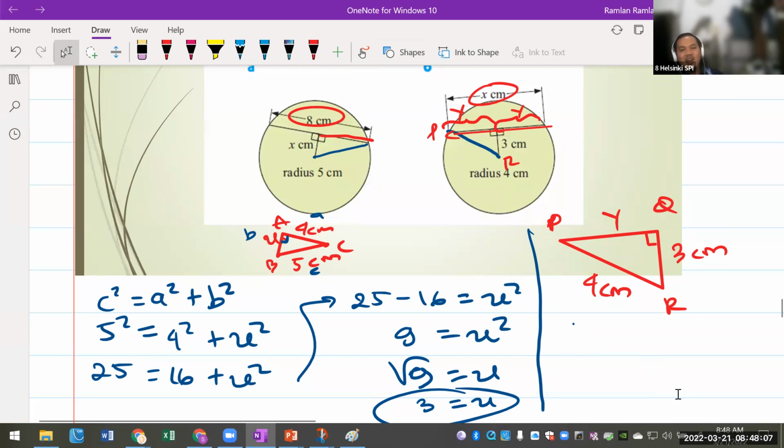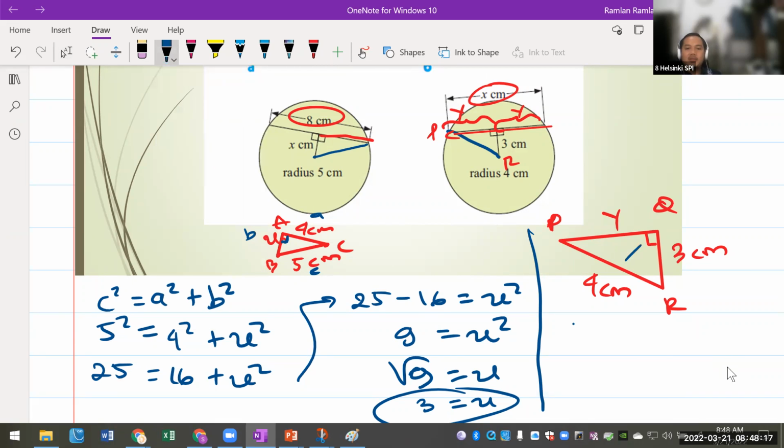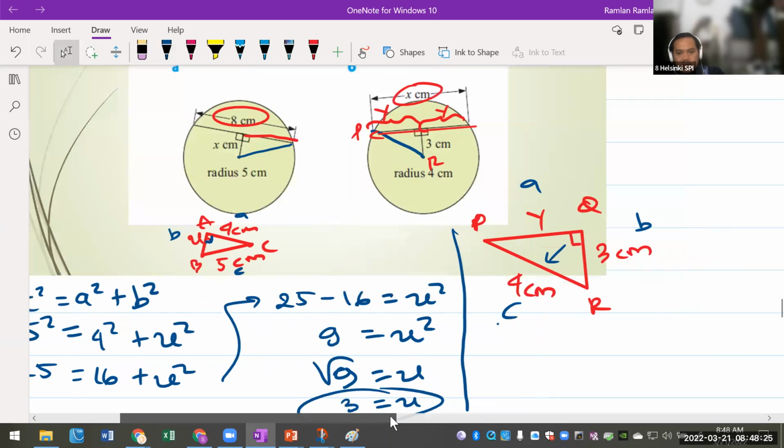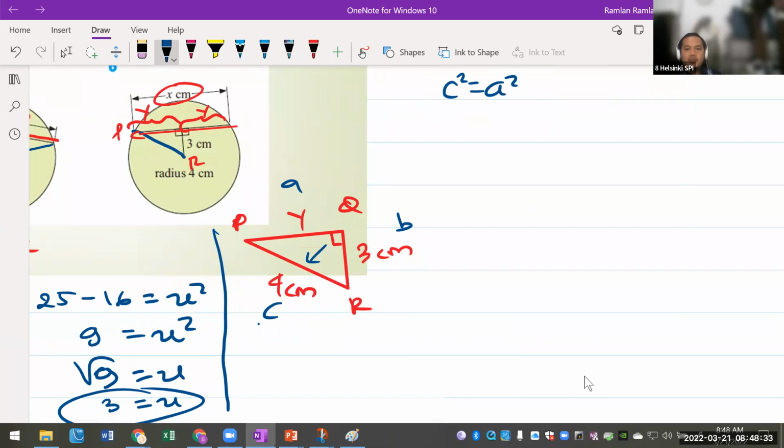Okay, so here we go, guys. The first thing that you need to do again is name A, B, and C. The most important thing is the C. You must not swap that with the A and B. So the C is going to be this side because it's in front of 90 degrees. I'm going to name this A, and this is going to be B. So we can use the Pythagoras formula again to solve the value of X, but first we need to find the value of Y. So C squared equals A squared plus B squared.